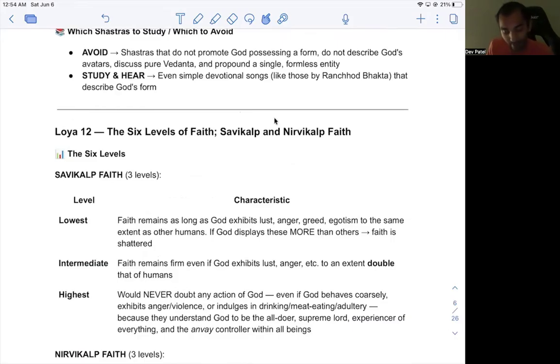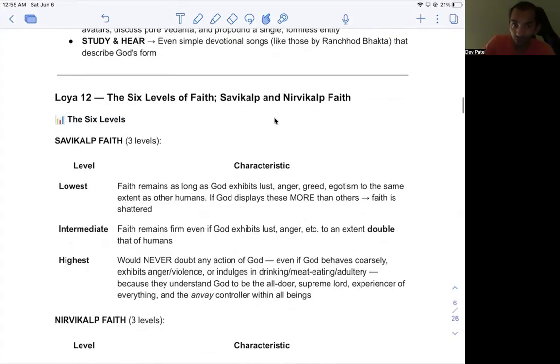There are six levels of faith: Sarvikalp and Nirvikalp, lowest, intermediate, highest. Lowest is that if God exhibits lust, anger, greed, and egotism to the same extent as us, then we will have faith, but if it's even slightly more, then faith will be immediately shattered.